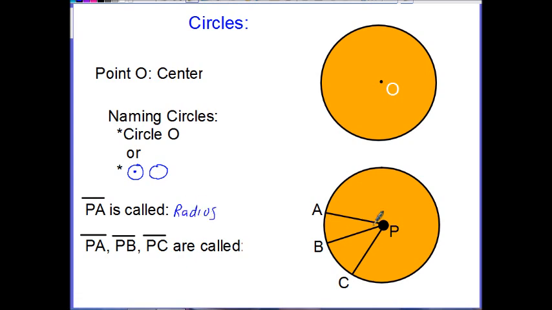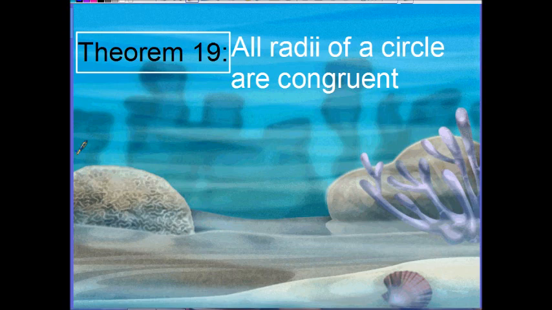A radius is just a segment that starts from the center and extends to a point on the circle. Now, PA, PB, and PC are going to be three of the same. They're called radii. Radii are the plural of a radius. Which brings us to our theorem for this section.